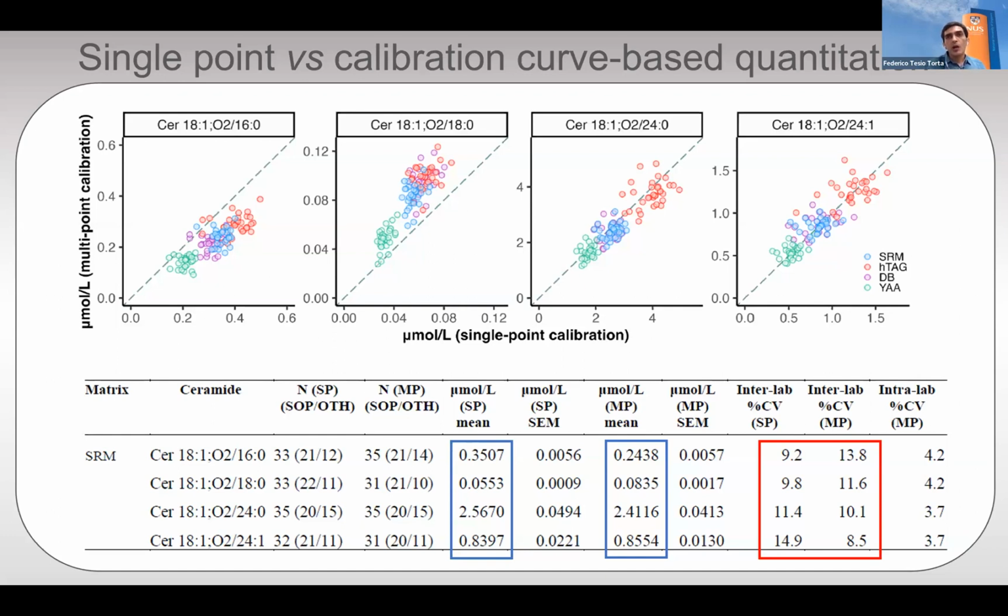Now, we do not have a good explanation for this discrepancy other than possible disagreement in the amount between the labeled and the unlabeled standards in the case of these two ceramides, 16 and 18, because we also observed it in the calibration curves that we prepared in the bovine serum albumin solution.